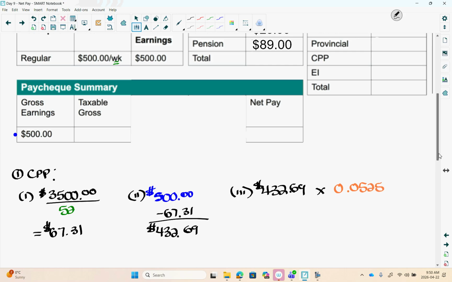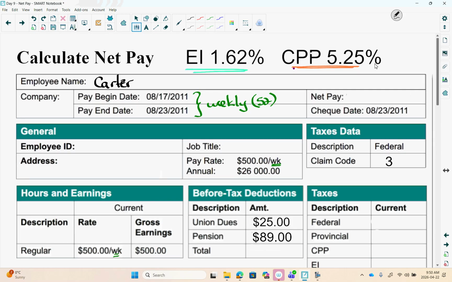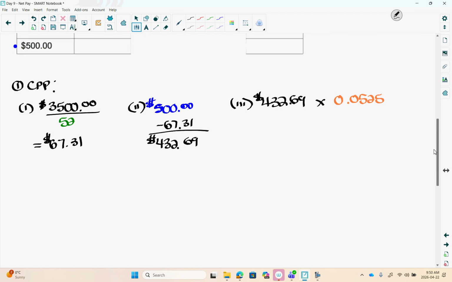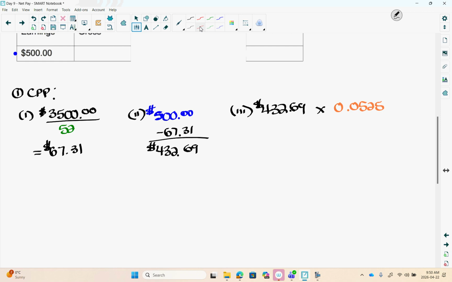That was just the CPP rate expressed as a decimal. 5.25 divided by 100 would give me 0.0525. And when I do that calculation, I get $22.72, rounding to the nearest cent.